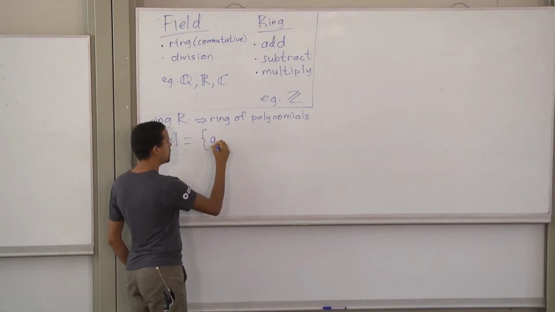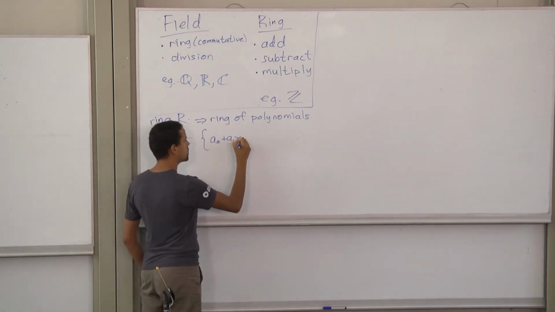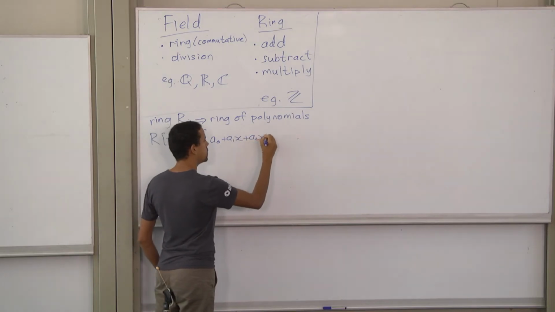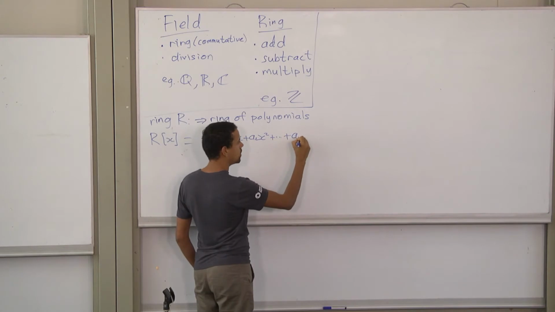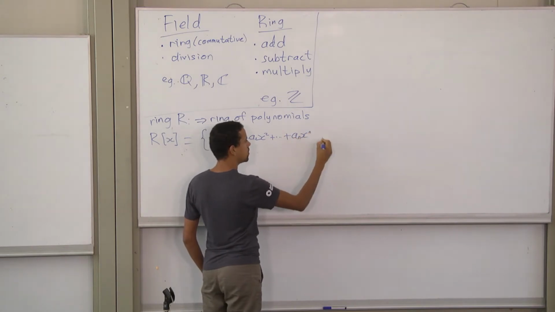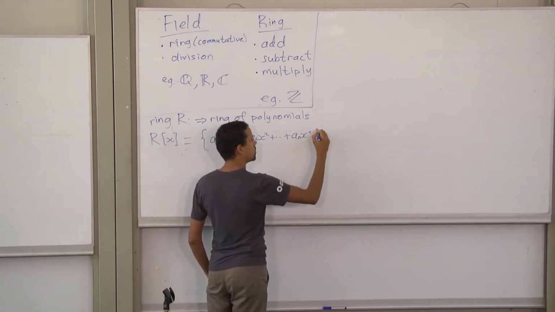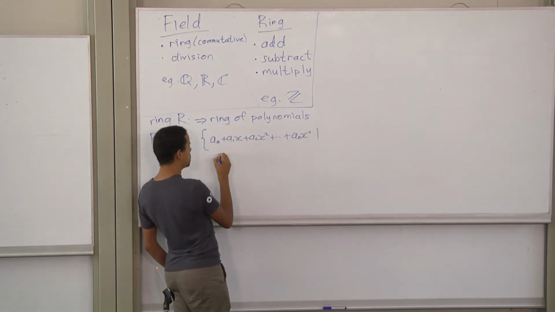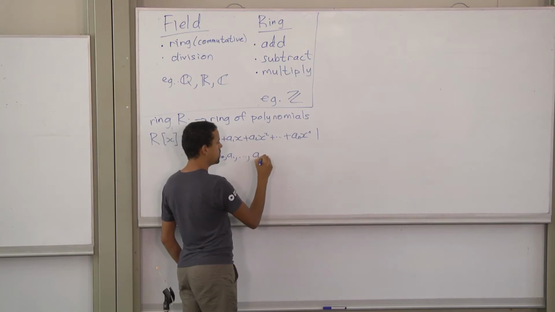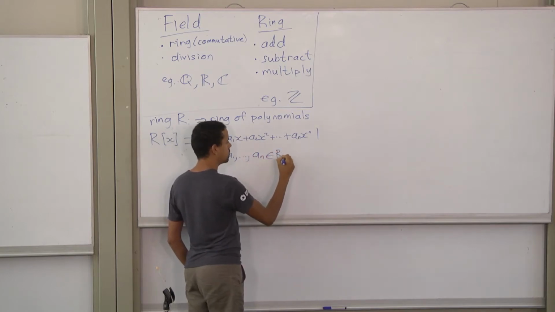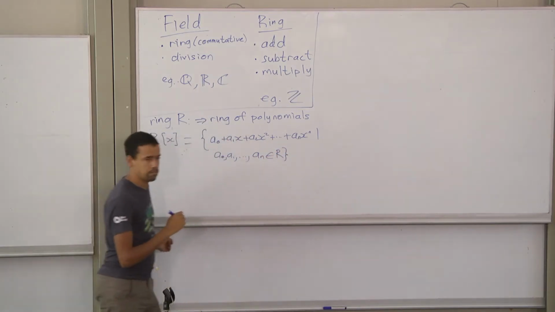It's got a0, a1x, a2x squared, up until some highest degree, where each of these a0, a1, up until an are in your original ring.